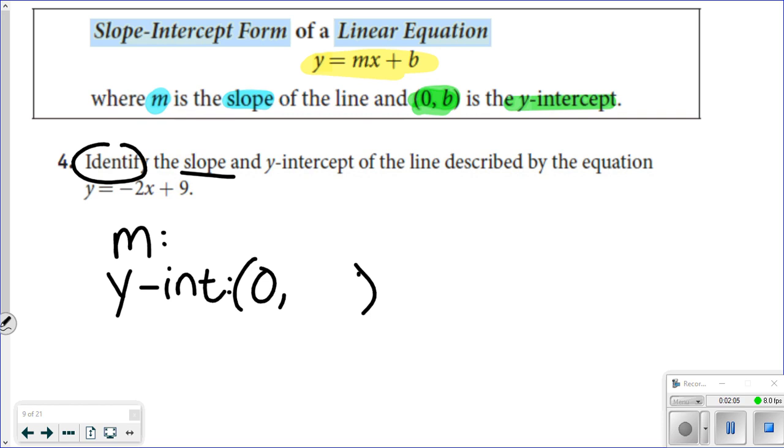So which number here is before the x? It's negative 2. So my slope, the m, is negative 2. My y-intercept is 0, comma b. So in this case, it's 0, comma 9.